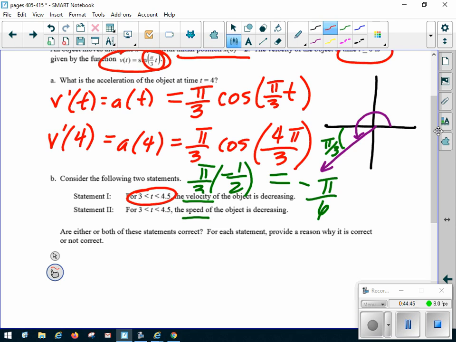If I let t equal 4.5, what's that? 4.5 would be 9/2, times pi over 3. 3 pi over 2. So this takes us from pi to 3 pi over 2. What quadrant are we in then? 3. So we're talking about quadrant 3. Don't get all bent out of shape about that.